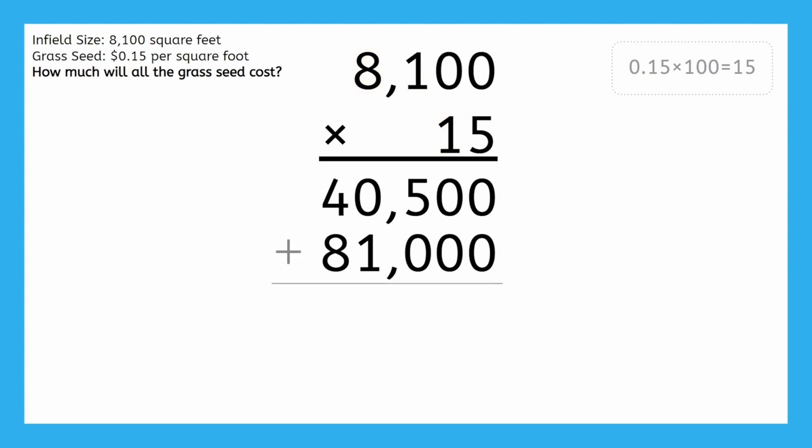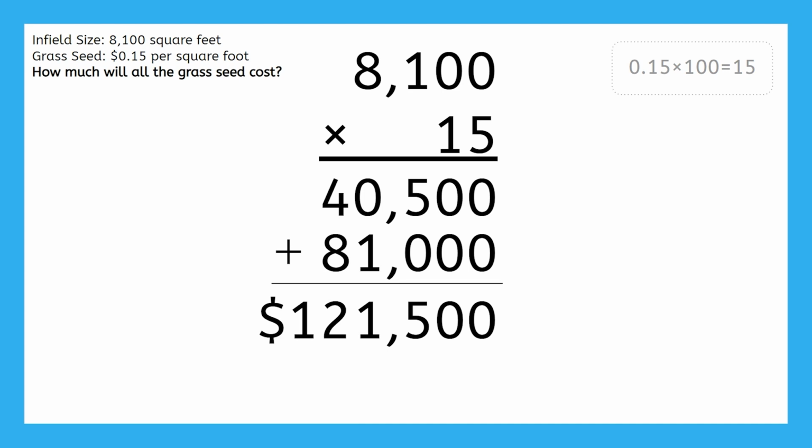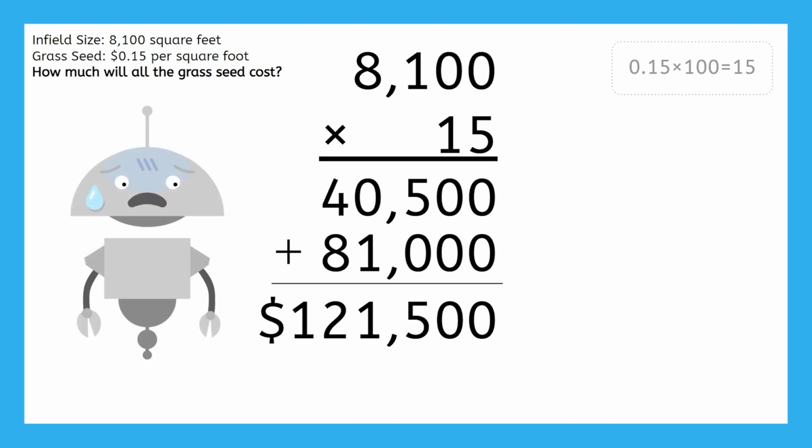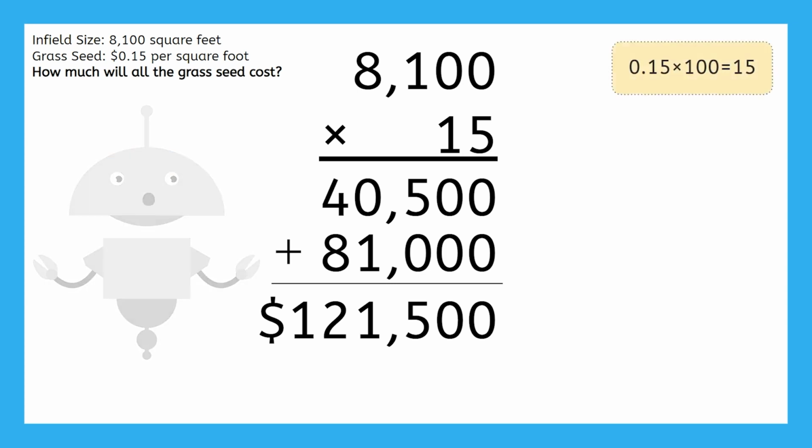Now we just add these up, and we're left with the number $121,500. That is way too expensive for Mia's baseball team. Oh, I can't believe I almost forgot. Remember how we multiplied 15 hundredths by 100 to make it a whole number?